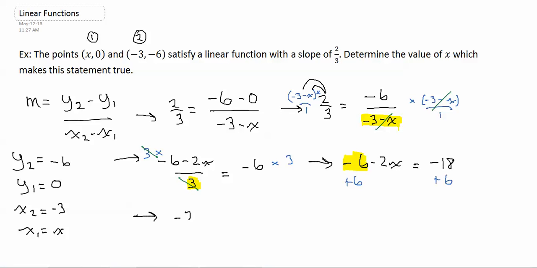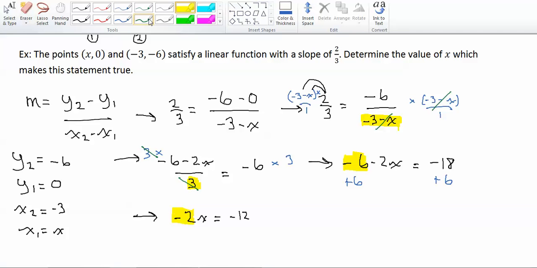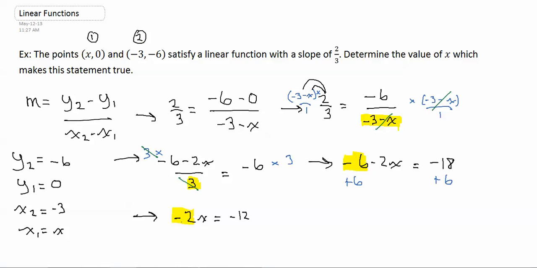So I get negative 2x is equal to negative 12. Now I need to get rid of my coefficient of negative 2. So negative 2 is multiplying x. In order to get rid of a multiplication, we do its opposite, which is division. Divide both sides by negative 2 and simplify once again. And we find that x is equal to 6.